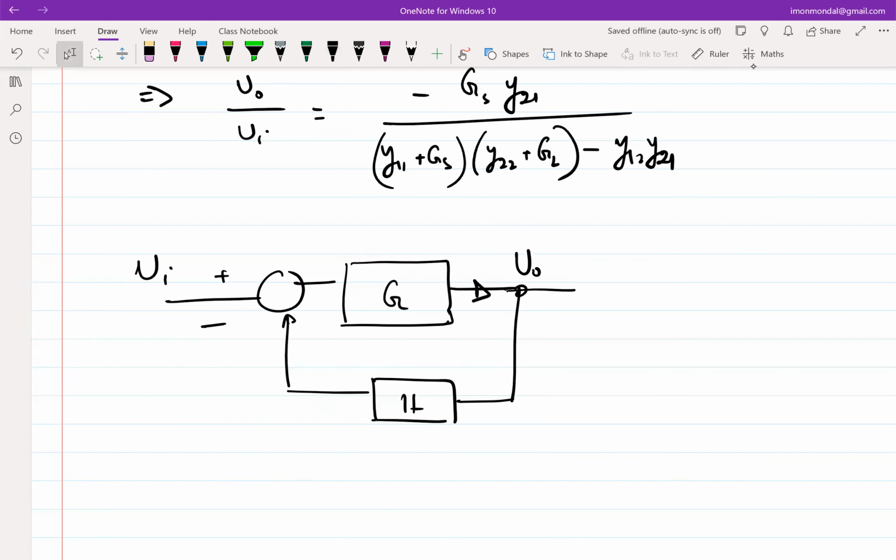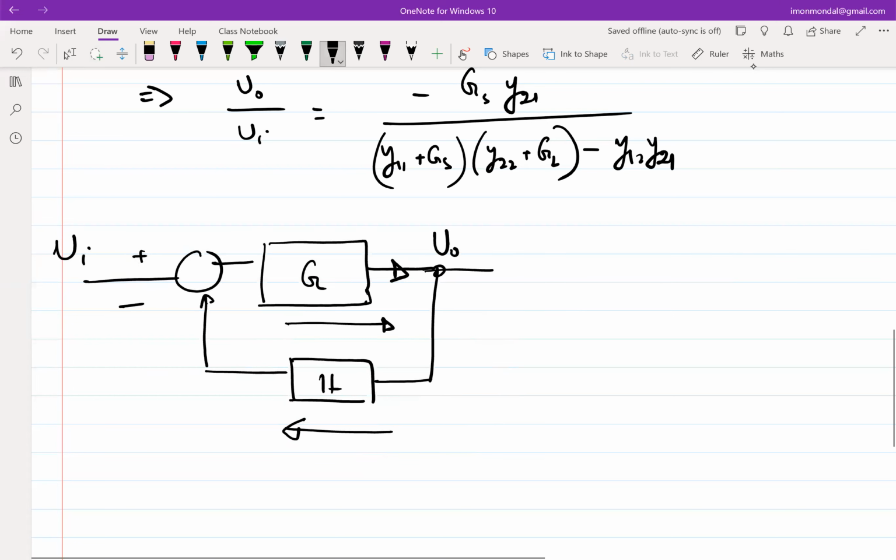An important distinction that I would like to make with a generalized feedback structure is that this is a unilateral feedback structure, that is, signal only flows in one direction, right? So both in the block G and in H, in block G it flows from left to right, and in block H it flows from right to left. It doesn't go both ways in either of these blocks. And also there is only one loop. So these are the two important distinctions to make while doing this analysis.